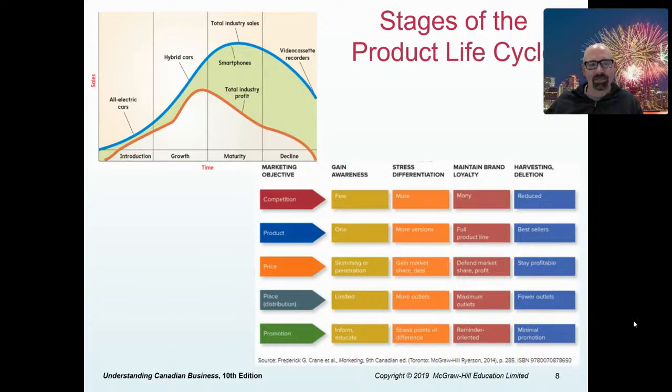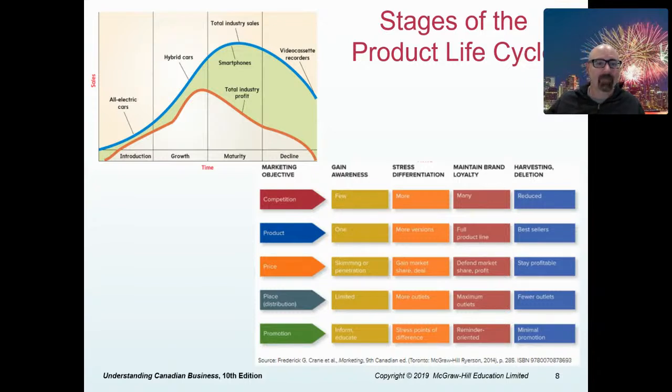Now, whether that happens in the introduction phase or closer to the growth phase depends a lot on the product category, the number of people in that product category, and various aspects like that. But generally, somewhere mid to late introduction, we should probably see some sort of profit start to come around. And we will see that profit increase over time.